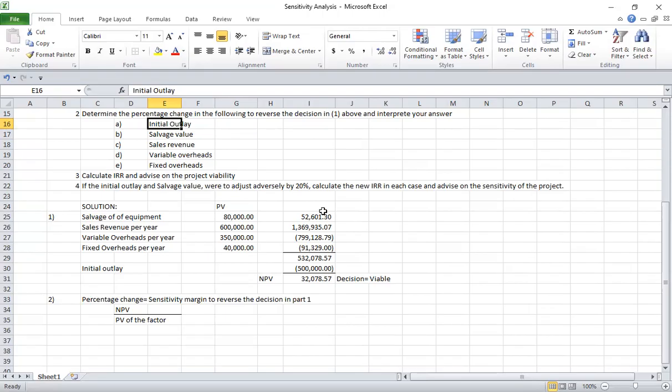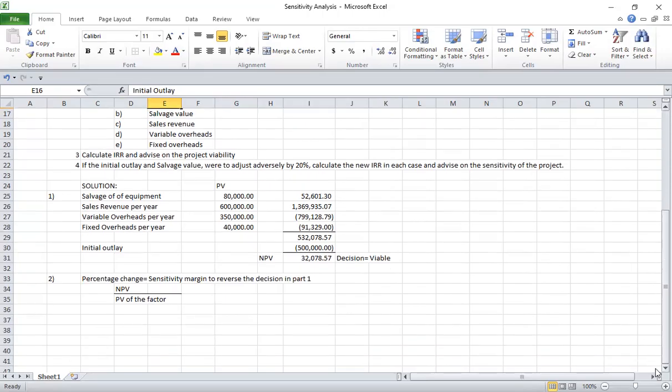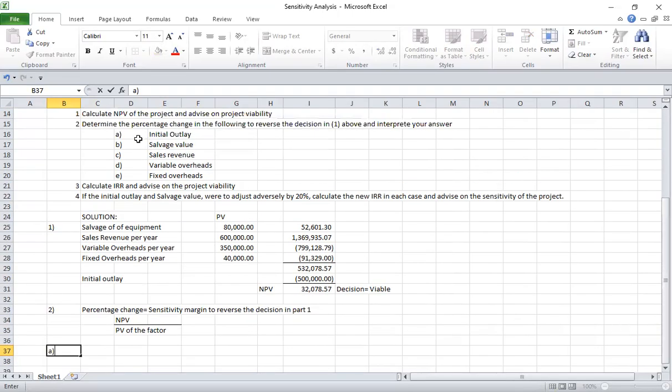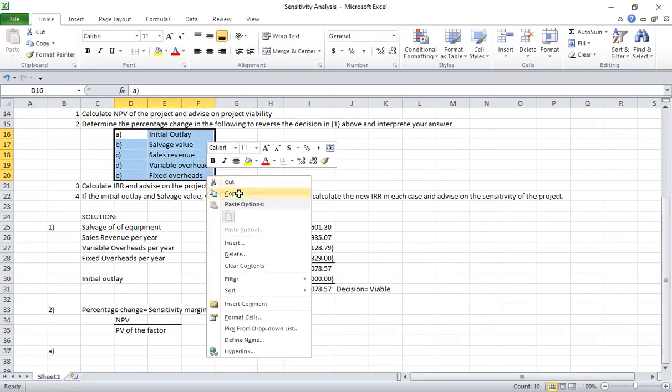And so based on that, how do we then compute the required percentage? We are going to say that we have the first one A, and actually I can copy these things from here, just copy paste.